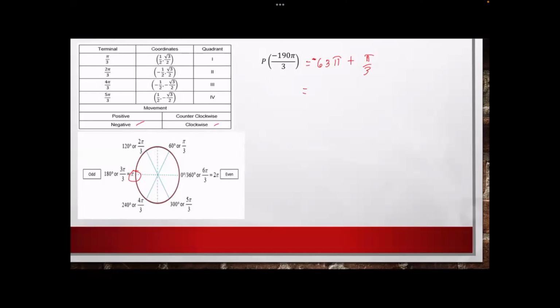From odd place, saan siya mapupunta? 120 degrees po. This is 120 degrees or 2 pi over 3. So ayan. So therefore, mag-aaral ka dito ng negative 1/2 and the square root of 3 over 2. That's the coordinate. Okay?